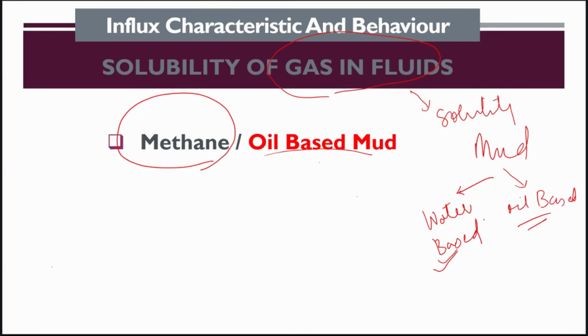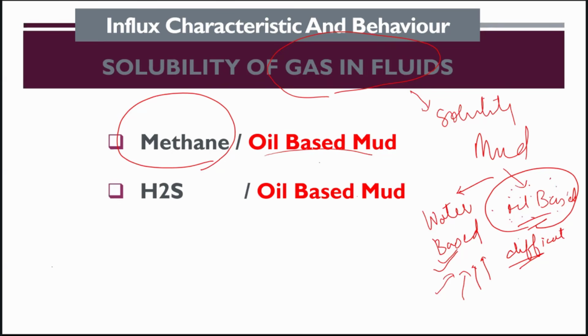You can easily determine the kick. If some gas is coming from the formation, you can determine. But if you are using oil-based mud, then it is very difficult to recognize the kick. Why is it difficult? Because the gas gets dissolved in the oil.